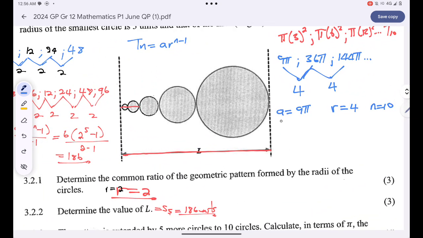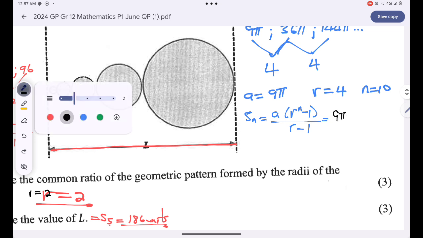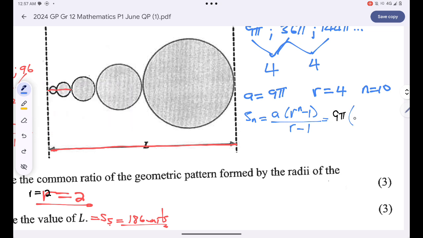So this will give me Sn being equal to a(r^n minus 1) all over r minus 1, right? Then I just need to substitute. The value of a is equal to 9 pi, and the value of r is 4, to the power 10 minus 1 all over 4 minus 1. Are you together?